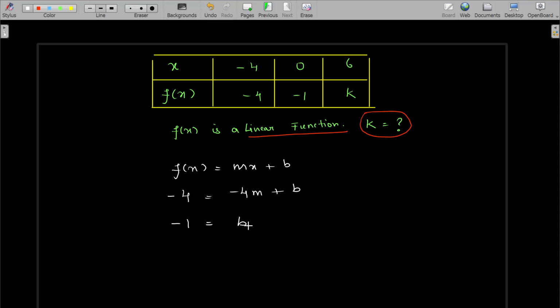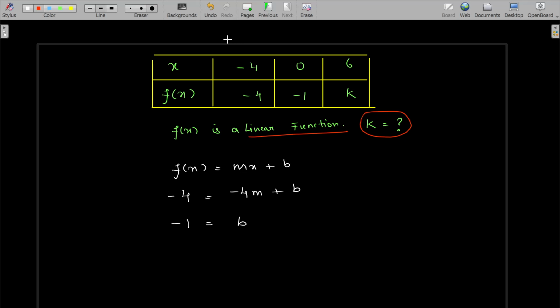So you get the value of b, and then you can find out the value of m, and then you substitute 6 comma k to get the value of k. Right? This is what you wanted to do. Yeah, this is absolutely correct. There is no harm in doing this, except that this is a longer method and it can take you more than 1 minute, I think.